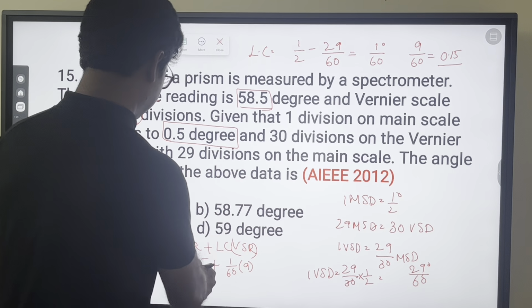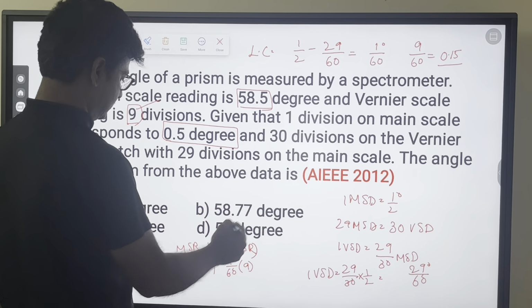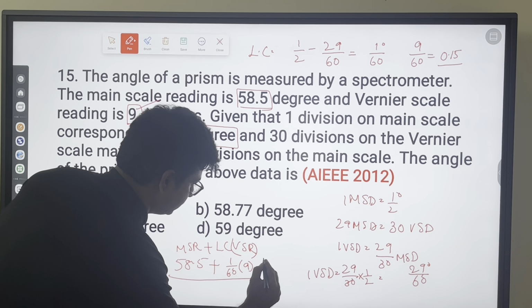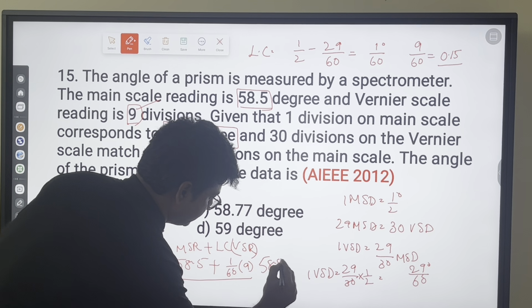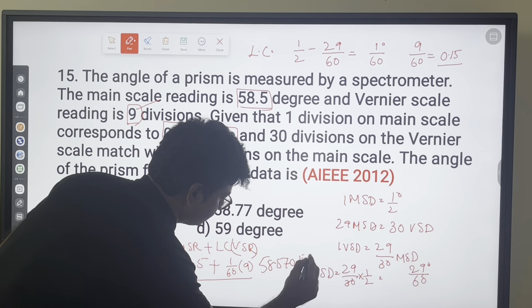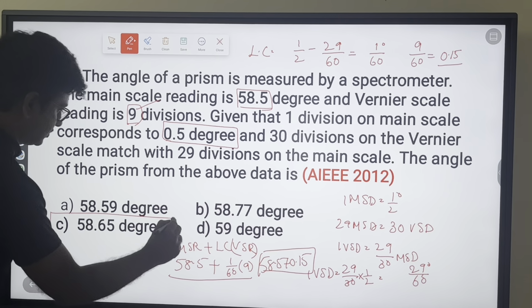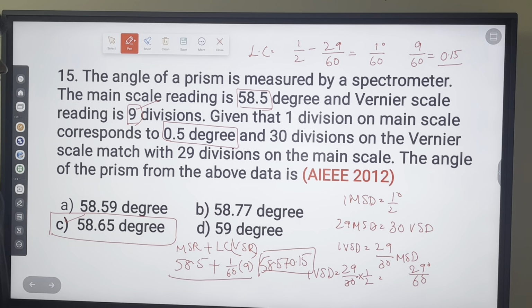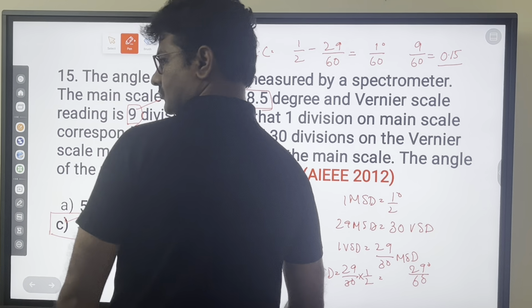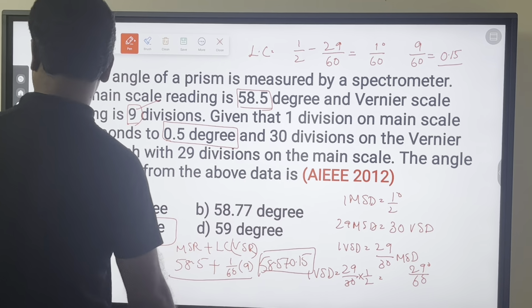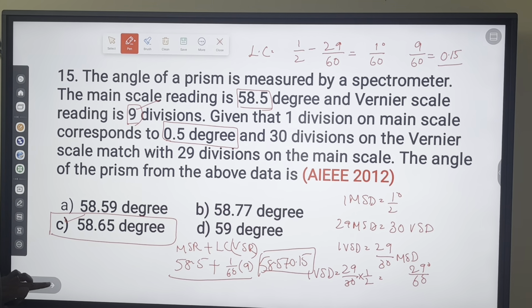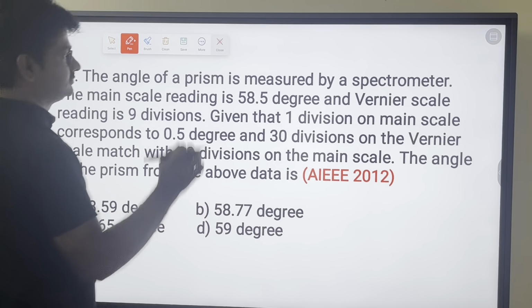So 58.5 plus 0.15 is equal to 58.65. So what is the answer? C. C is the answer. Next one.